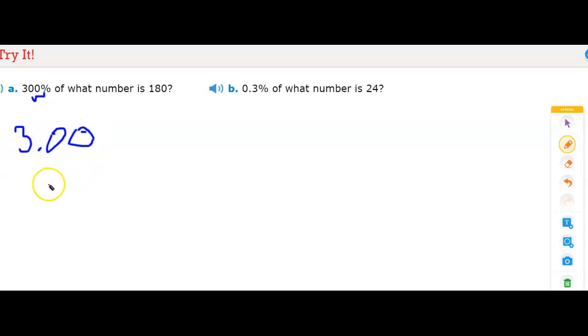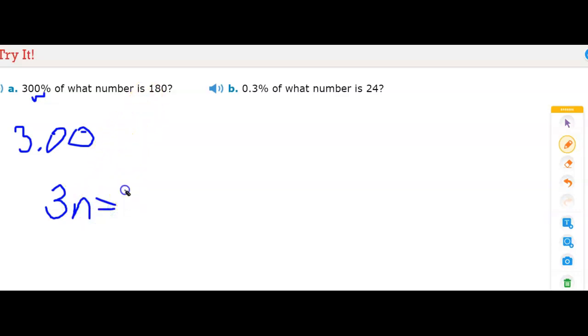We're going to leave that as just 3. So we have 3, and "of" tells me to multiply, what number, I'm going to make that an n, is 180.